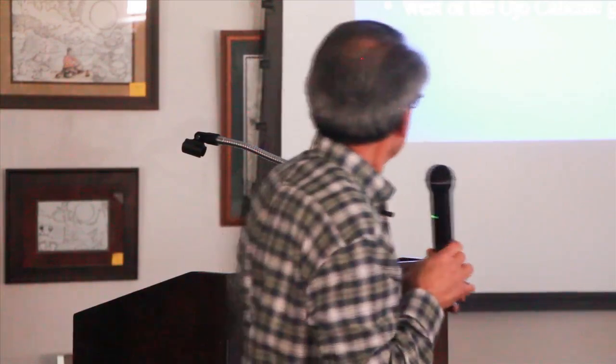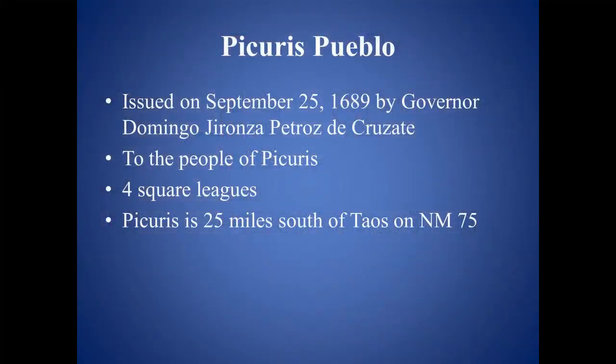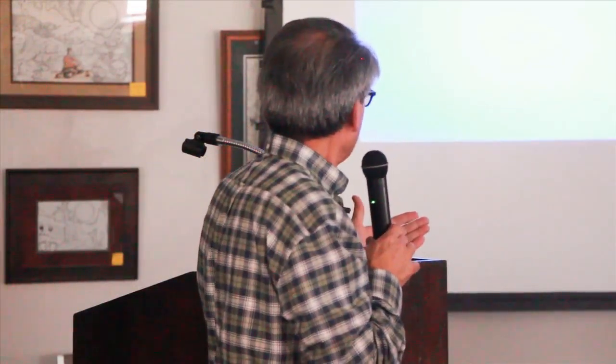Okay. The Picuris Pueblo, in Taos County, which is just above Chimayo. As I said, all the pueblos were issued in 1689 by Governor Cruzate, and it's 4 square leagues. If you haven't driven by, it's a pretty area. If you're going to Santa Fe or Española from Taos, that's called the high road.